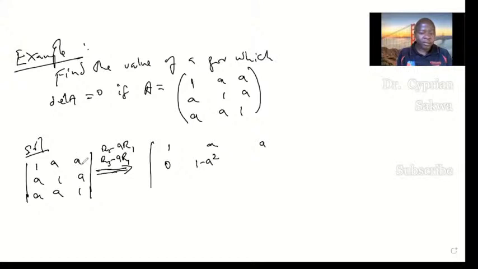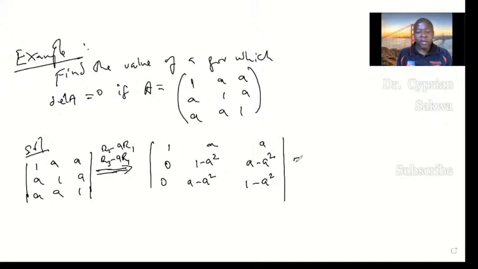And r times this is r squared, subtract from this, I would have r minus r squared. And then what about this? This will be r minus r, which is 0. And this is r minus r squared. And this is 1 minus r squared. So this is what I have.